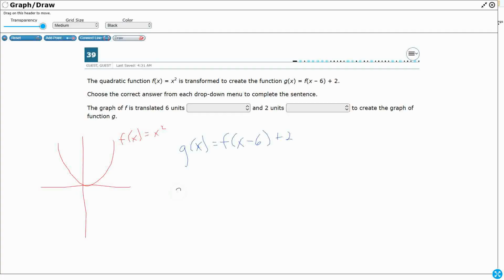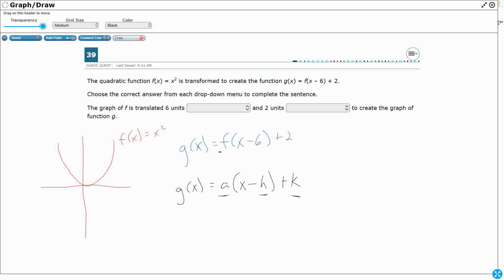Okay, so let's look at it like this, g of x, and I'm going to put some variables out here. Typically, we're going to see the a on the outside, and we've got x minus h, and then plus k. So it's these three things that we need to look at, a, h, and k. And we actually don't have an a in this particular situation.